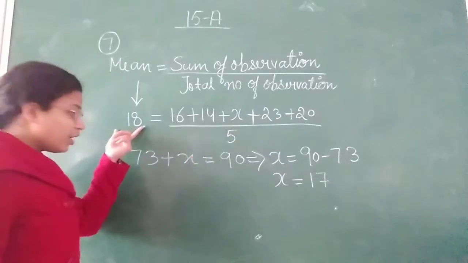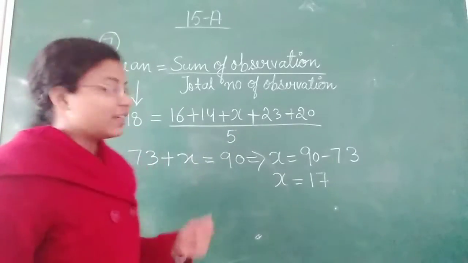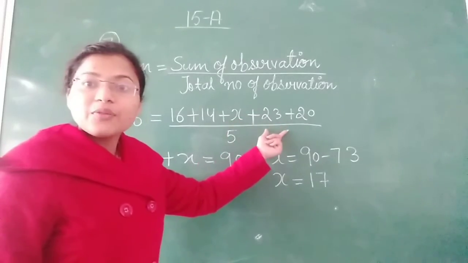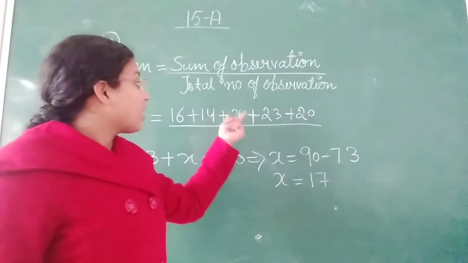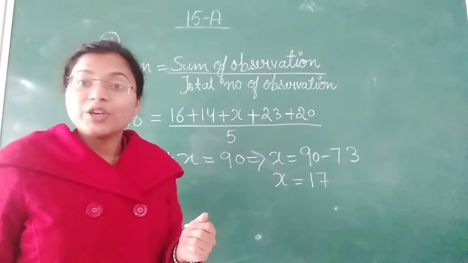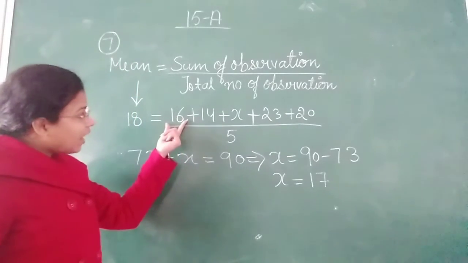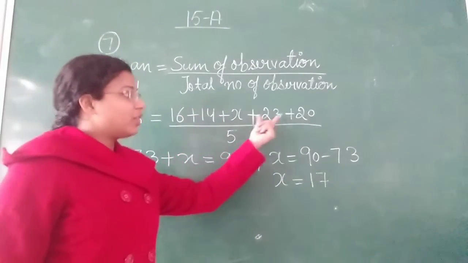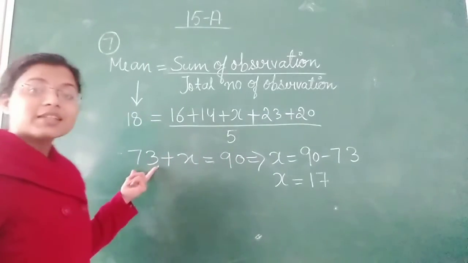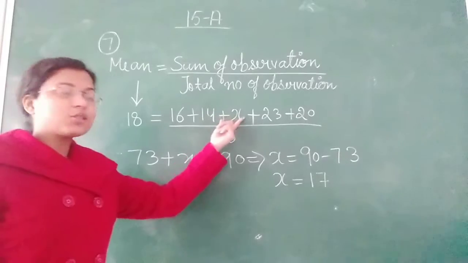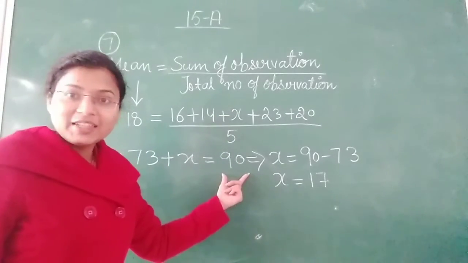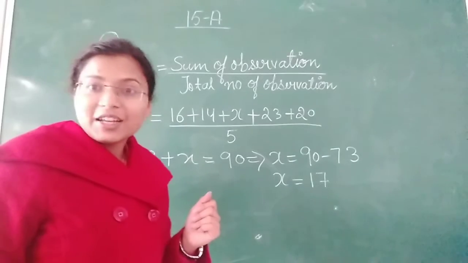Now we have to just solve this. So 5 into 18 will give you 90. And when you add them, x cannot be added with any digit, because x is a variable and the numbers are constants. So we cannot add them. But we can add 16, 14, 23 and 20. When we add them, we will get 73, and plus x will be as it is. Now this is a linear equation.